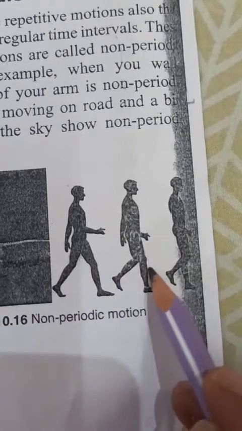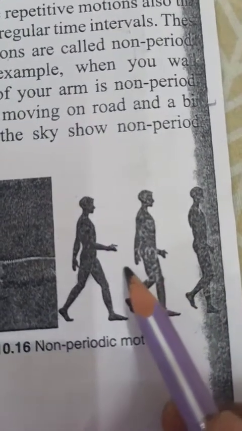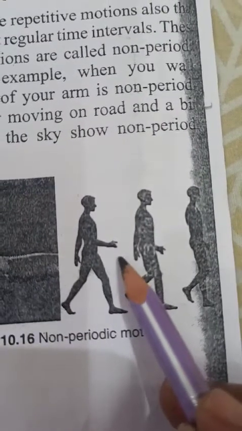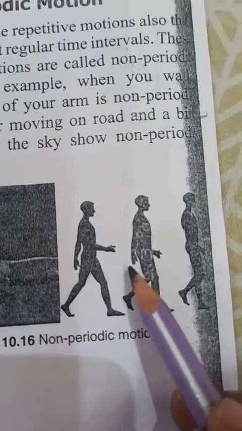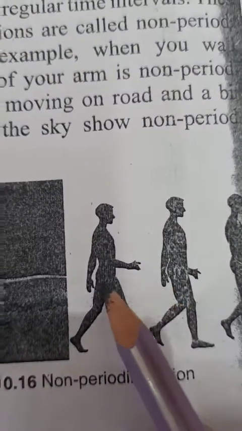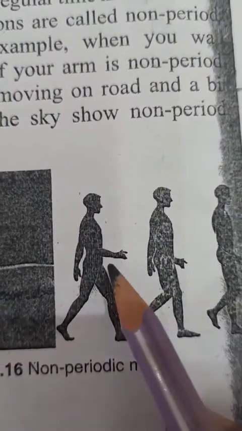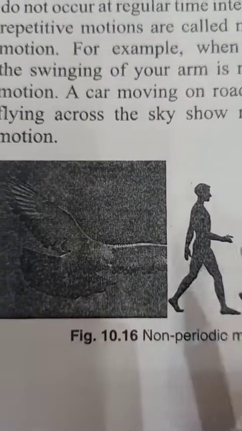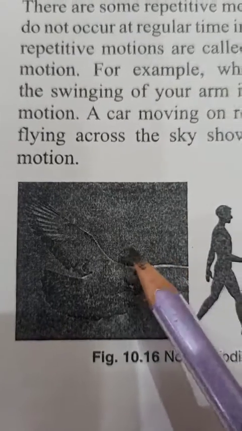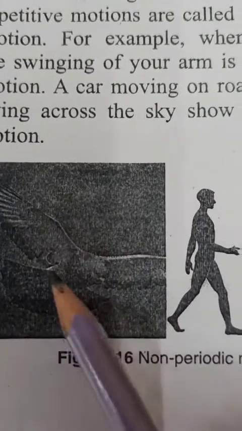And when we walk slowly, we move our arms slowly also. So that's why these kinds of motions are called non-periodic motions.